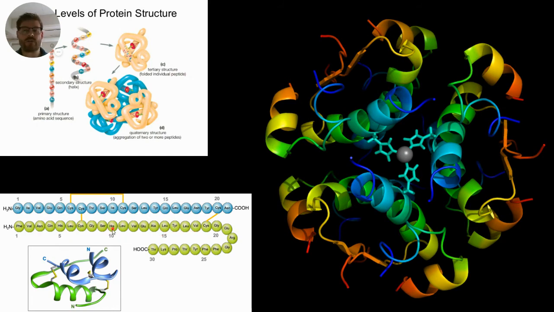Change this one for something else, and it's going to make a small change to how the rest of this molecule works. So I tell you this story because it's important to think about how the structure of DNA affects the structure of the protein, and the function of it, and what it's doing inside of cells.